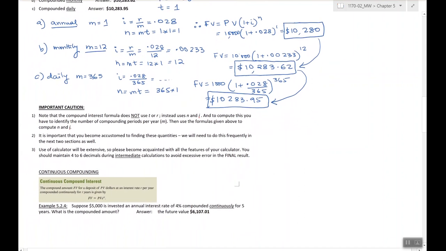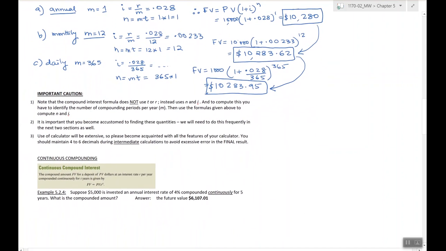Now there are a few things that are worth remembering, and so I've made a list of them here. I'm going to read them, but you should read it more carefully. The first point here is that the compound interest formula does not use T or R like the simple interest formula did. Here we use N and I. To compute this, you have to identify the number of compounding periods per year. That means in all these questions, you should always carefully find what M is.